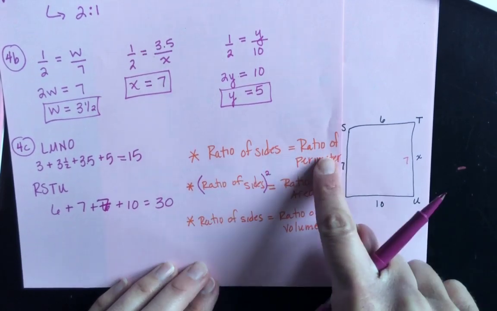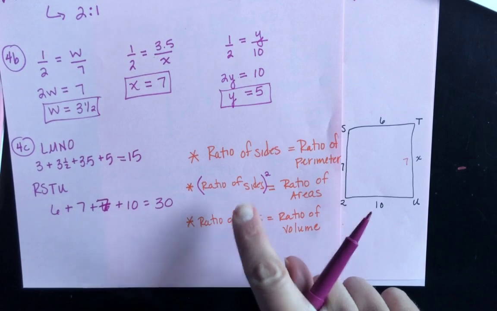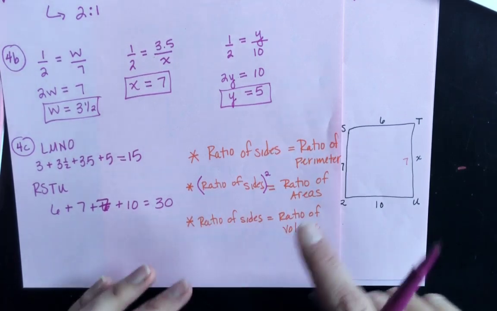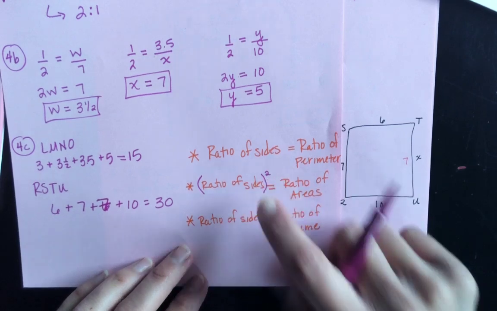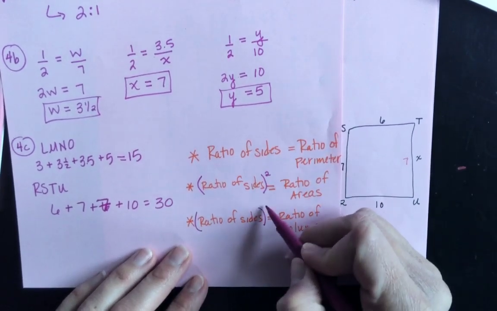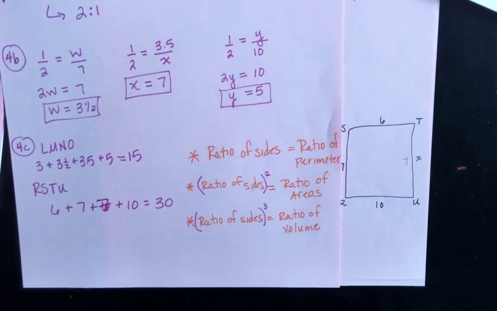It's the same thing. But if I want it for areas, instead of 1 to 2, I'd have to square 1 and I'd have to square 2. So it's close. It's not times 2, but we're going to raise it to the second power. And our volume is we would raise it to the third power.